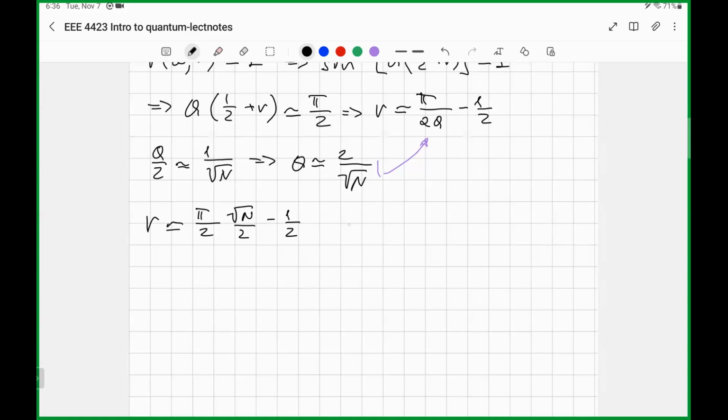Square root of N is a very large number and definitely larger than 1 and 1/2.